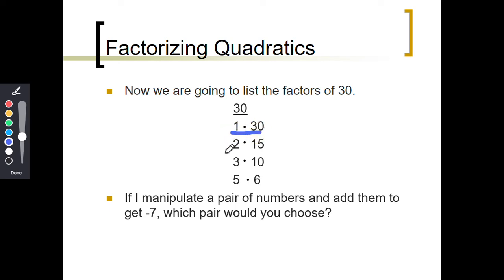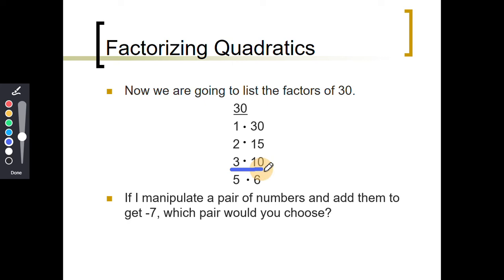Likewise, any one of these two numbers, if I change the sign and add, I'm not going to get negative 7. That's obvious. Down here, if I make one of these numbers negative and add, I'm not going to get negative 7.